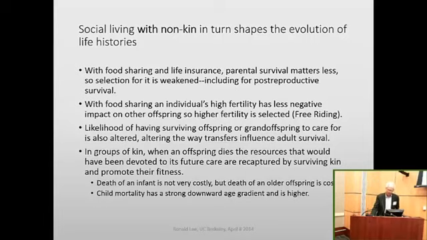A third point is that if you're in a closely related kin group and an infant of yours dies, it's not a great energetic loss. The energetic costs of pregnancy and a few months of lactation are relatively small compared to the enormous costs of feeding and caring for a child for 18 years or whatever it takes in a hunter-gatherer group.